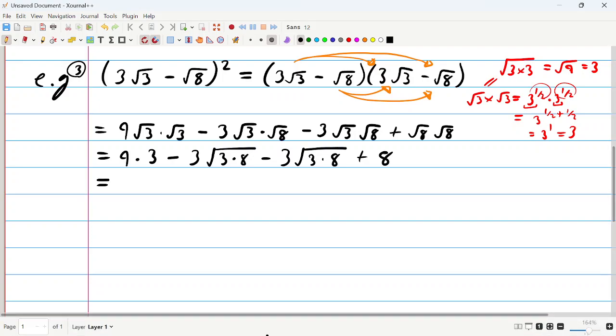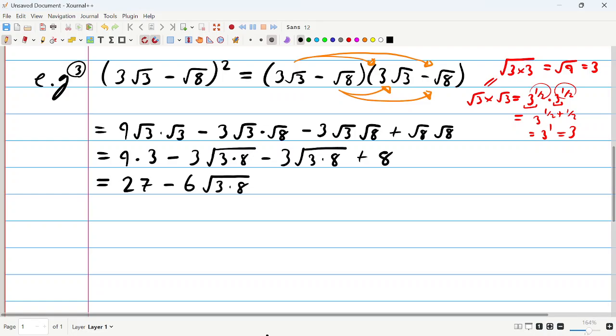So 9 multiplied by 3 is equal to 27, right? And this is minusing by, once again, you can take out the common factors, and you're going to be left with negative 6 multiplied by the square root of 3 multiplied by 8.